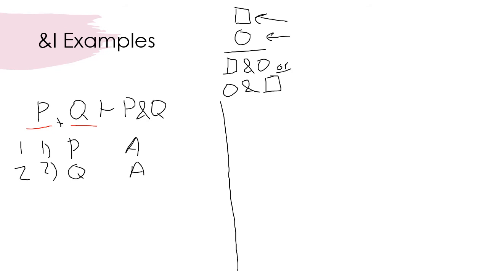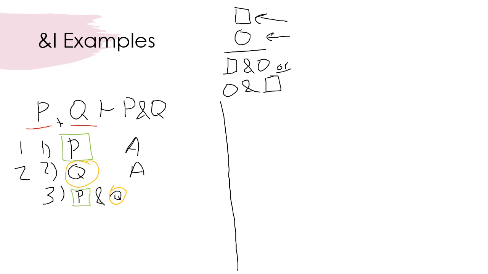And so now what we'll do is just use our rule. We have a square, we have a circle, so we can just write square and circle. What's in our square? We got a P. What's in our circle?